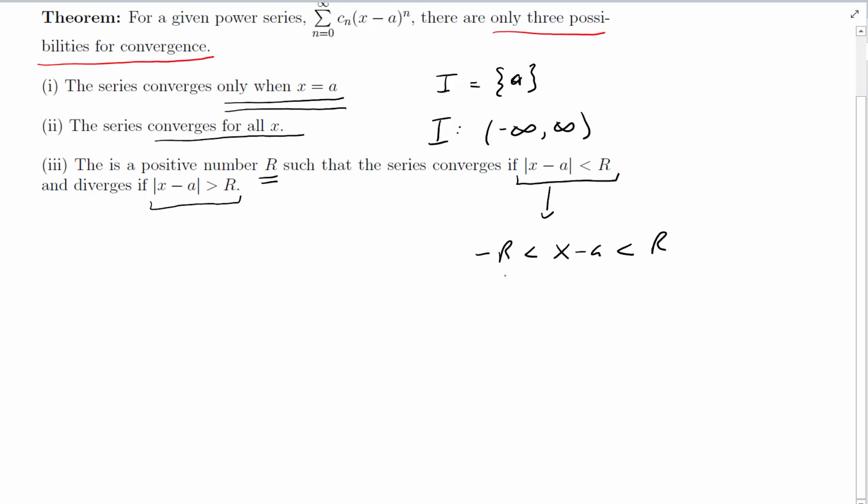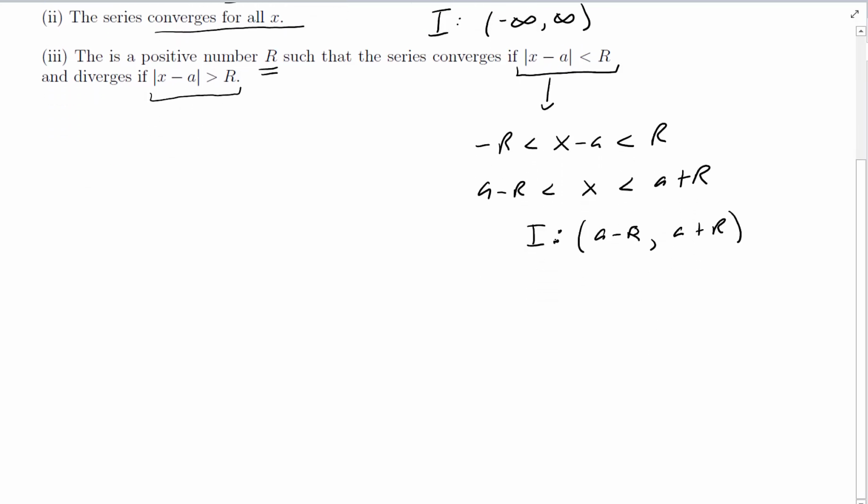At this point, I can add an a to everything. So a minus r is less than x is less than a plus r. And so the basic interval of convergence, I should say, is from a minus r all the way to a plus r.